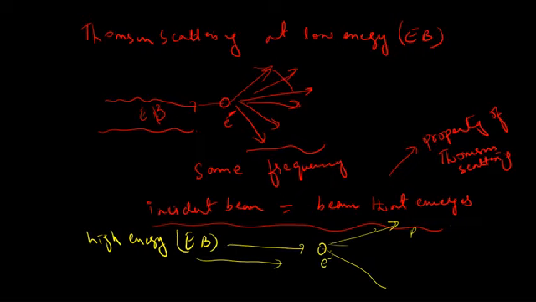So here the frequency is different and the wavelength is different. As a result, we get a shift in wavelength. This fact was first observed by Compton, and that's why it is called the Compton effect.